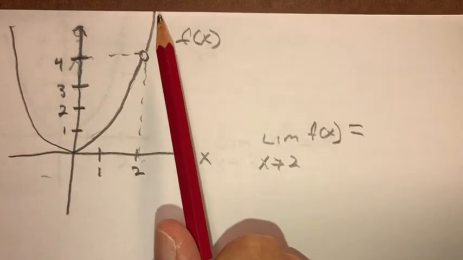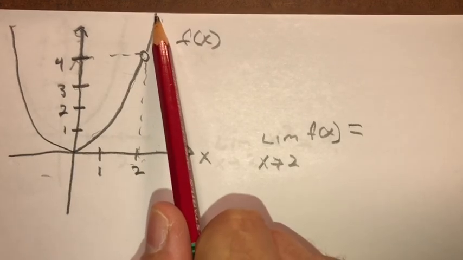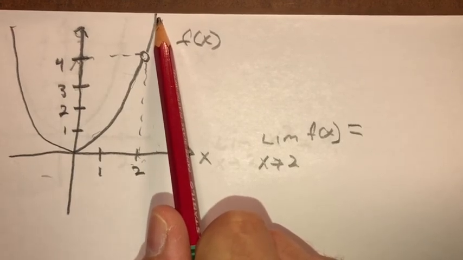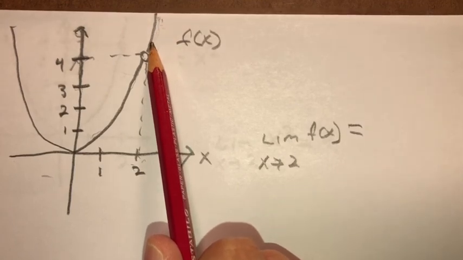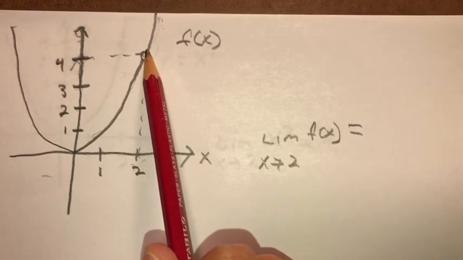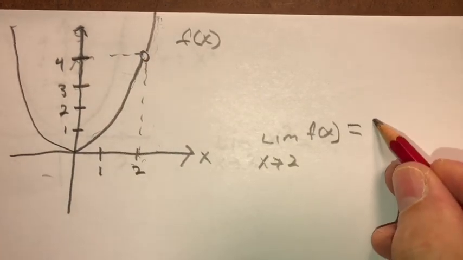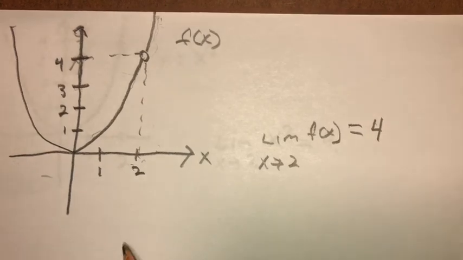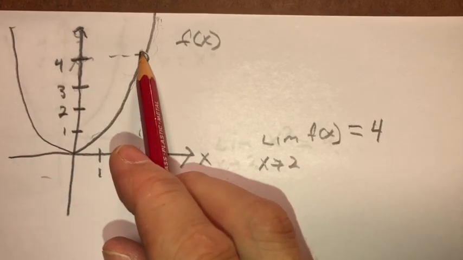So now I get on the function from the right-hand side of 2. The right-hand side of 2 puts me up here, and then I'm approaching x equals 2 from the right side, and I'm still approaching 4. So this limit is still 4, even though there's a hole there.